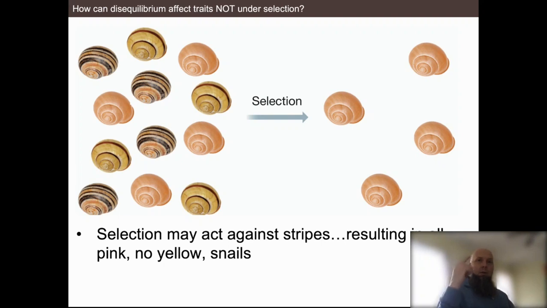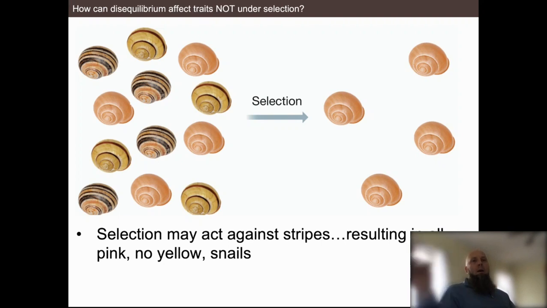There are pink with stripes and pink without stripes. There are yellow with stripes, but there are no yellow without stripes. That's that disequilibrium, right? That combination doesn't occur. We would expect a roughly equal frequency of all four possibilities: pink with, pink without, yellow with, yellow without. But one of those, yellow without, does not exist, so there's an instance of disequilibrium.